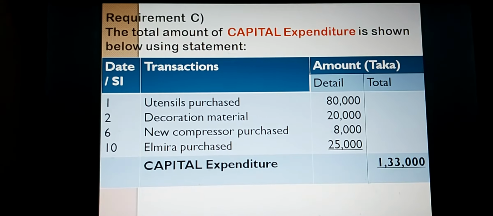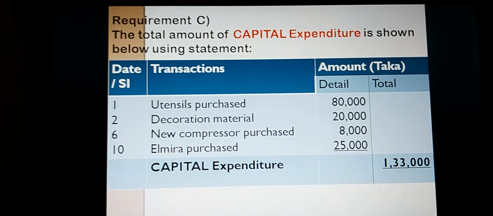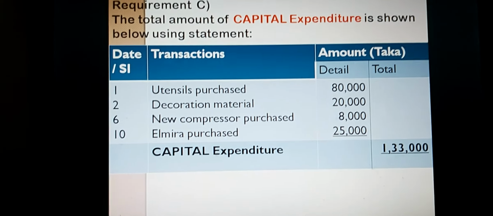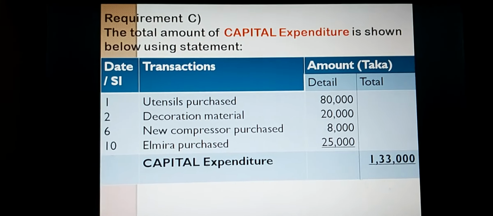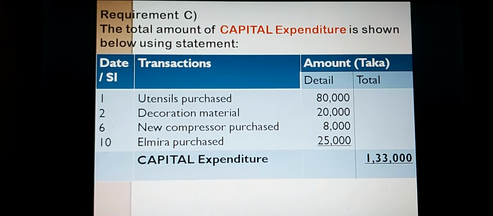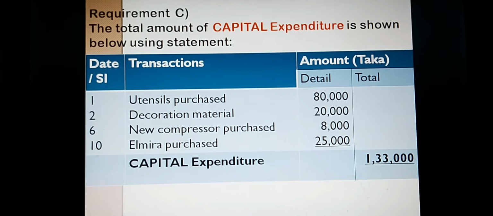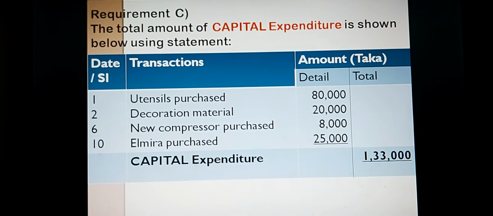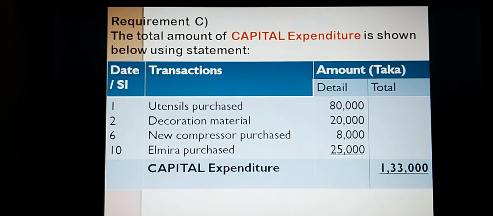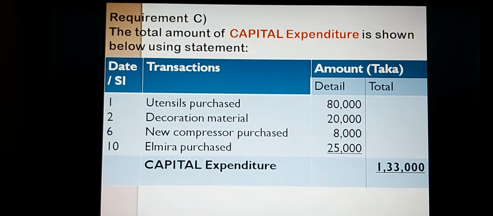And serial number 10, that is the last one, almirah purchased, value taka 25,000. Total amount of capital expenditure in this question is 1,33,000. Okay, dear boys and girls, write in your copy correctly and attentively.